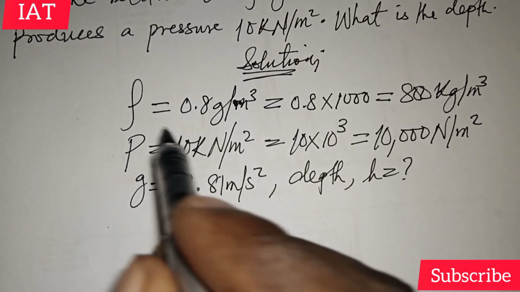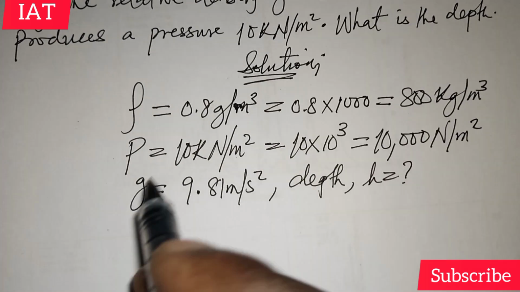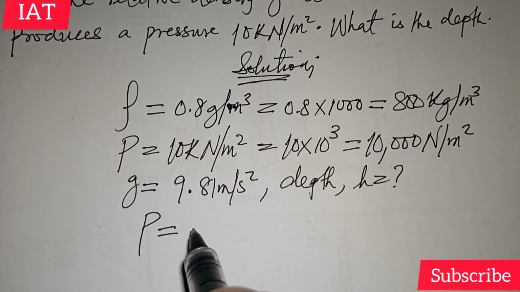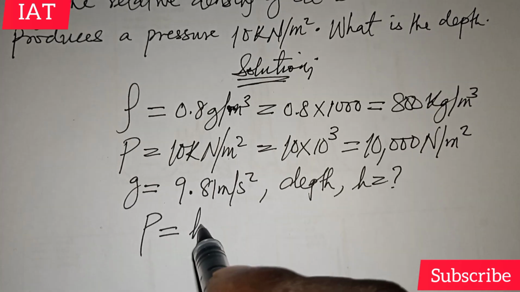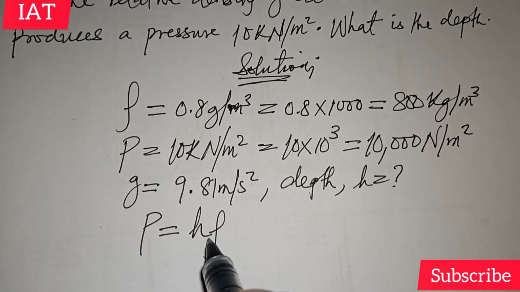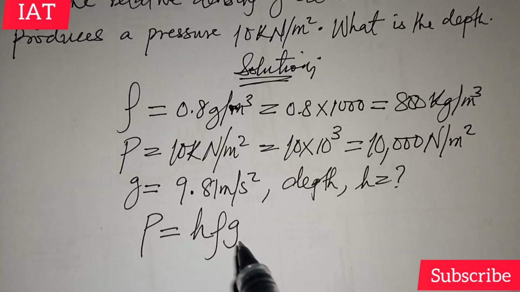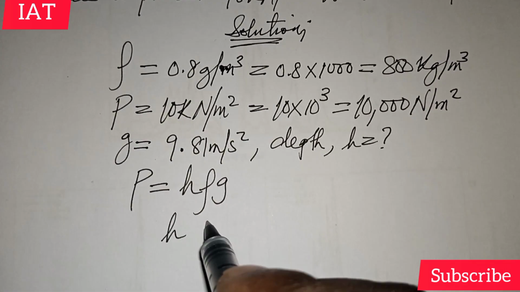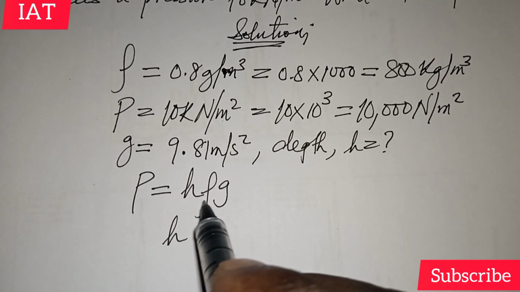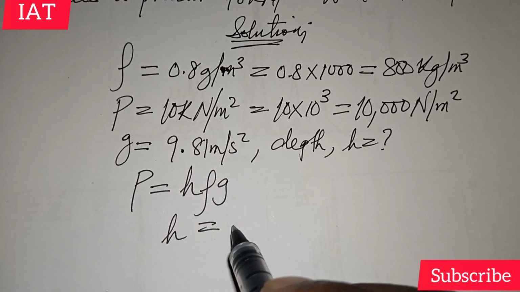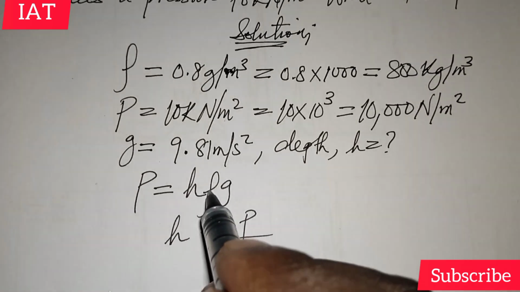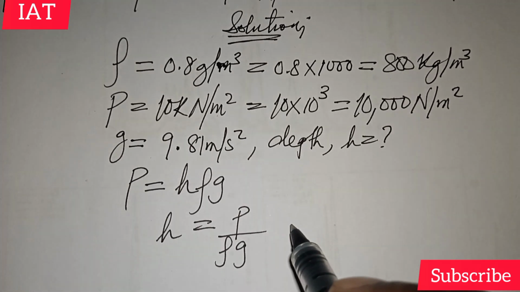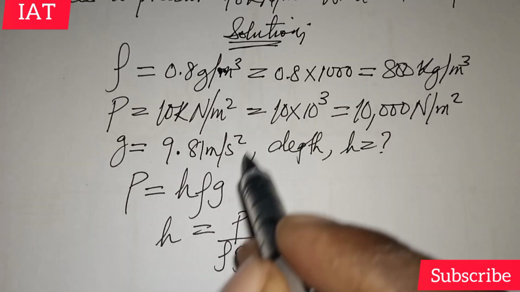The formula that relates them is P, the pressure, equal to the depth (height) multiplied by the density times the acceleration due to gravity. In this case, we are looking for the height. So we can make the height the subject of the formula by dividing both sides of the equation by this density and acceleration.